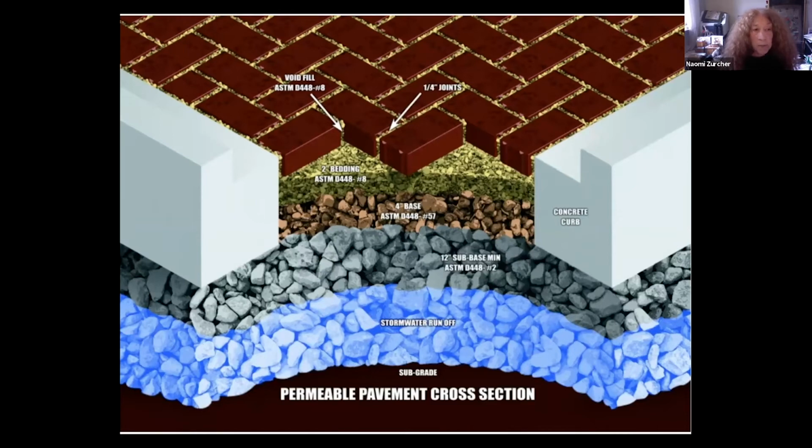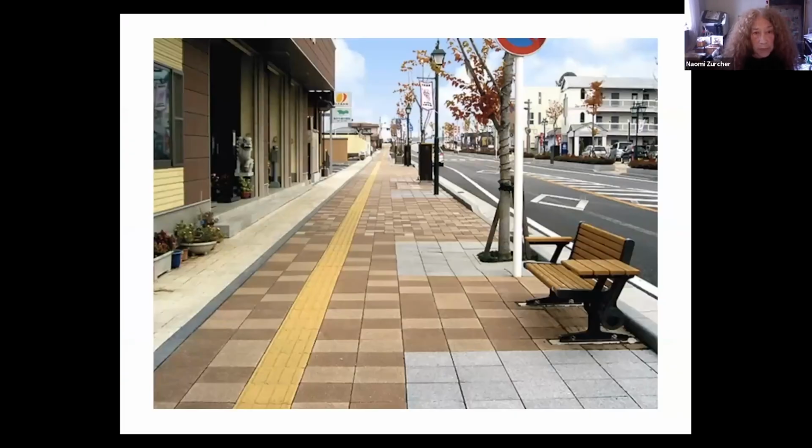Porous pavers are made of concrete with an open grid where the holes can be filled with vegetation or stones. Pervious pavers, traditionally made of concrete, contain voids which allow water infiltration across the entire surface of the paver.